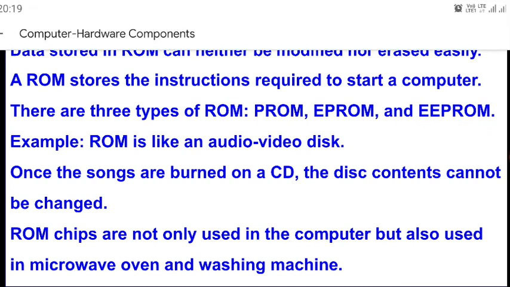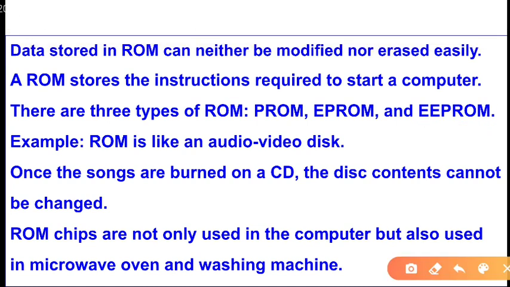Now, for example, ROM is like an audio video disc. It is not an audio video disc, it is just like one. You must have seen those CDs in which movies or songs are there, the music CDs.